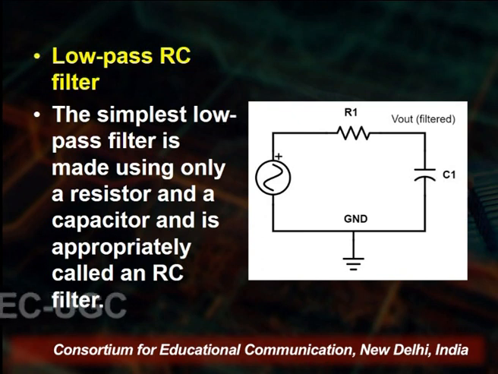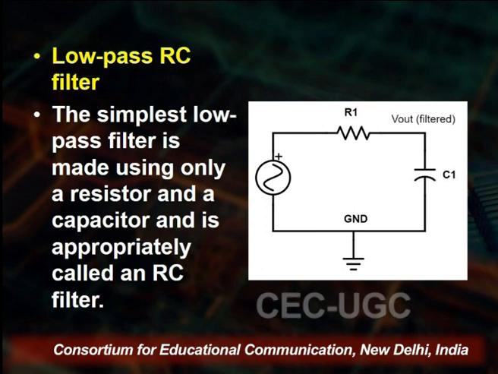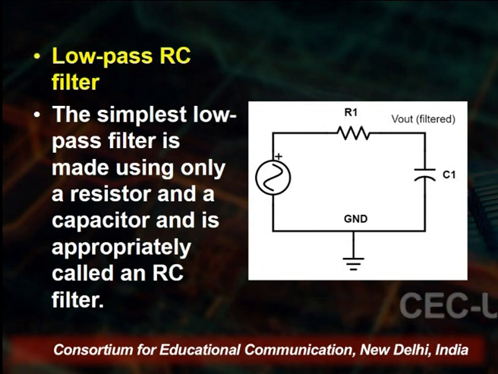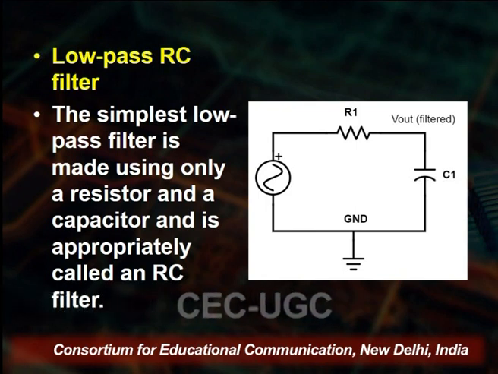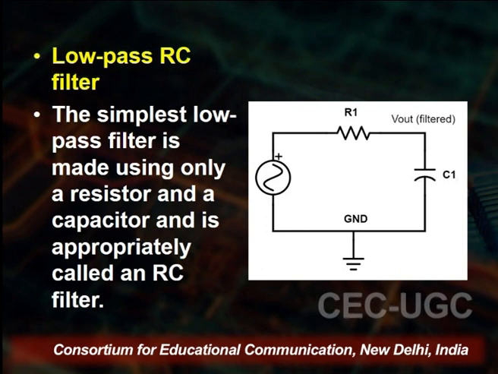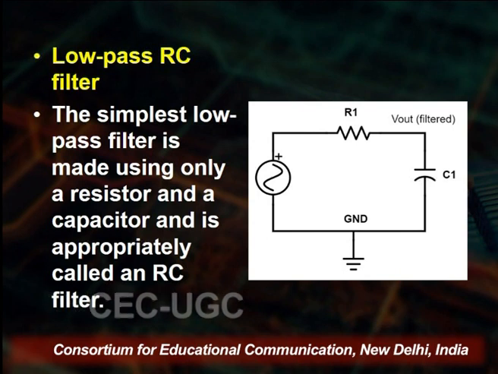You see on the right-hand side we are using a resistor defined by R1 and a capacitor defined by C1, and a source is attached, with one point connected to the ground. In this circuit the signal goes into the resistor R1, and the filtered output is taken off the node between R1 and C1.